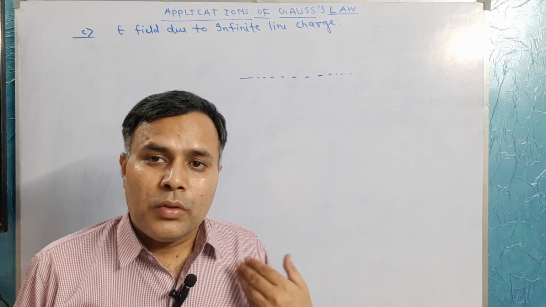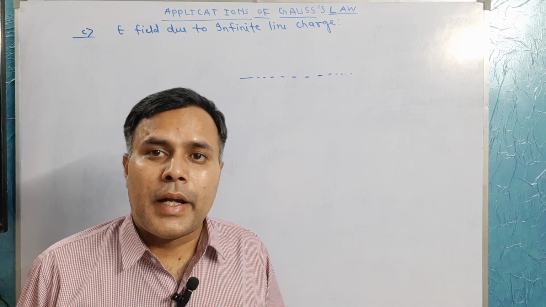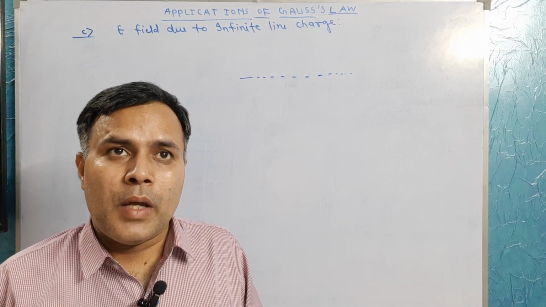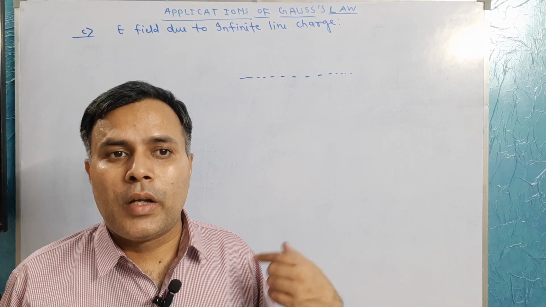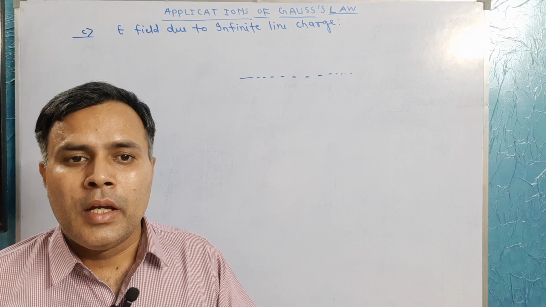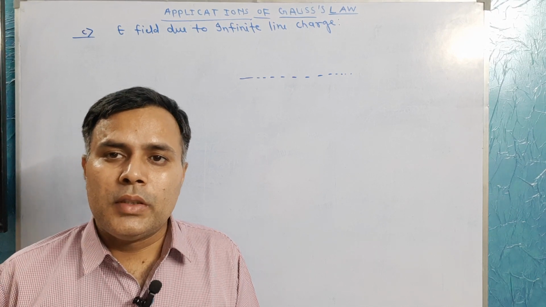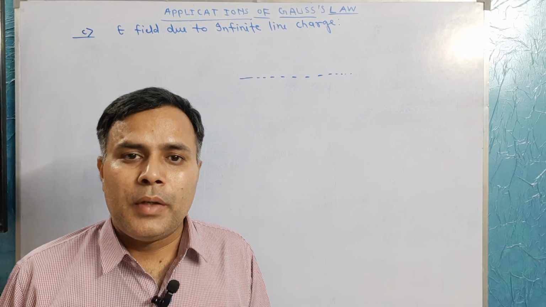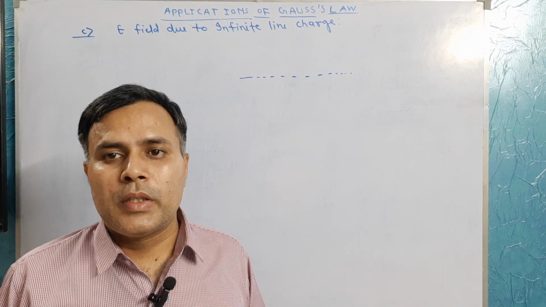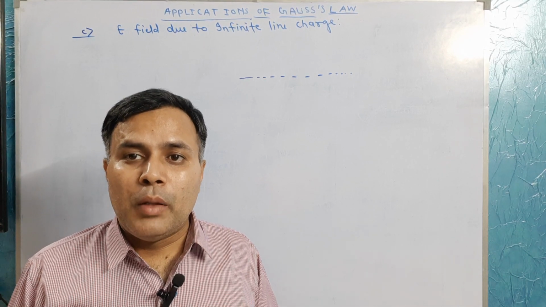Corresponding to these three symmetries, we have three different kinds of Gaussian surface. For spherical symmetry, the Gaussian surface is a Gaussian sphere. For cylindrical symmetry, it is a coaxial cylinder. For planar symmetry, it is the Gaussian pillbox.